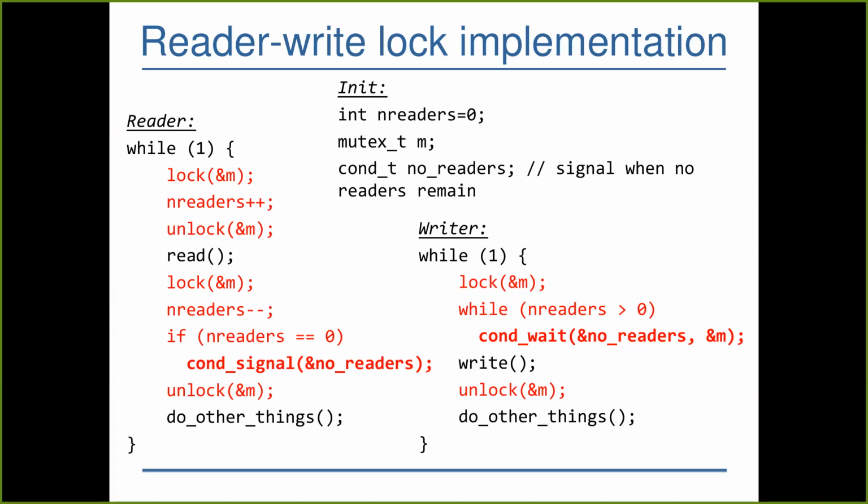Not to mention that readers can just keep coming and never create a condition where n readers is zero. The moment n readers becomes greater than zero, the writer can never do anything, because one reader comes, then another reader, and so on. So this is precisely the problem with this implementation: writers can starve.